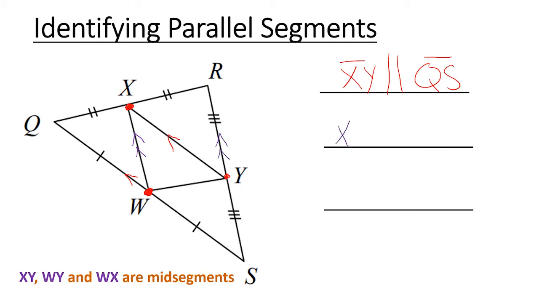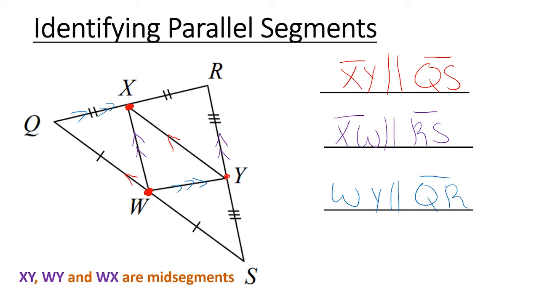So XW would be parallel to RS. And then last, we have WY. Put 3 marks here, would be parallel to QR. So here we have our 3 pairs of parallel sides. So we're just identifying parts of the triangles and what we know about it using the mid-segment theorem.